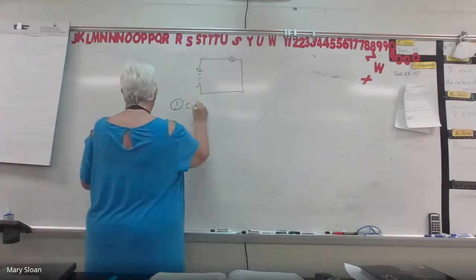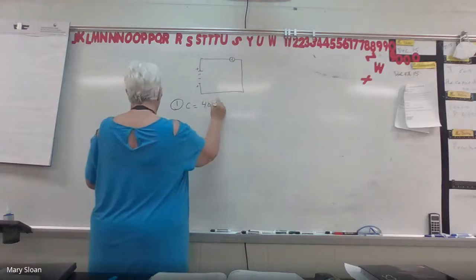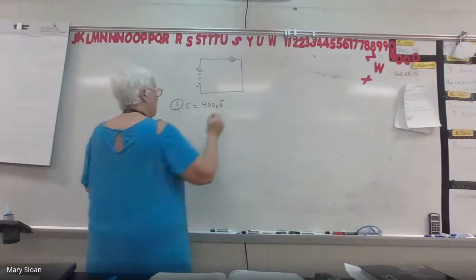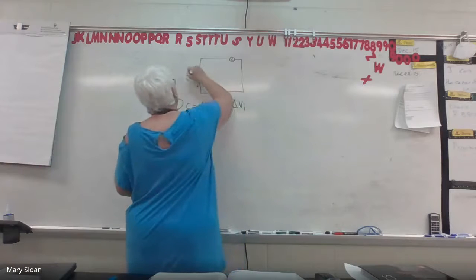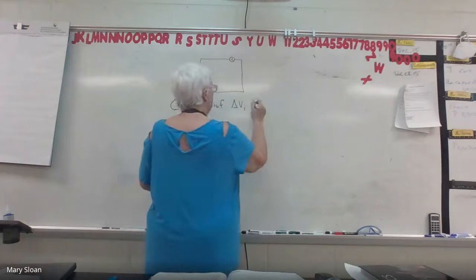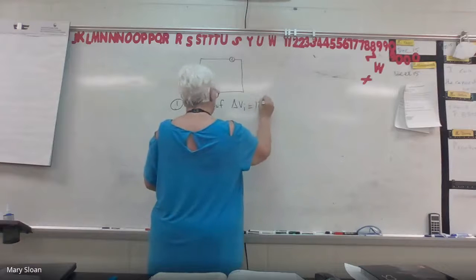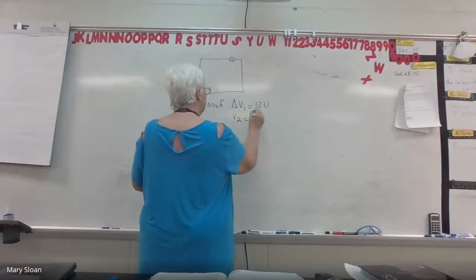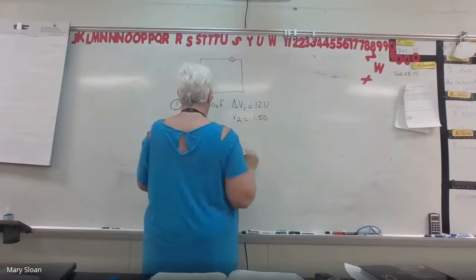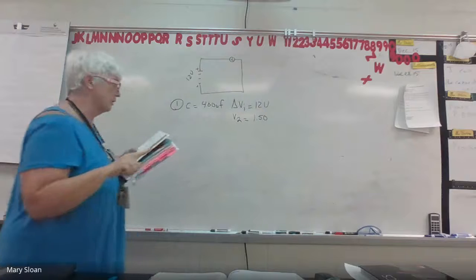So my capacitor is 4.00 microfarads. My change in voltage 1, well, it's a 12 volt battery, so that would be 12 volts. And then my voltage 2 is going to be 1.50. So you need to have all that first.